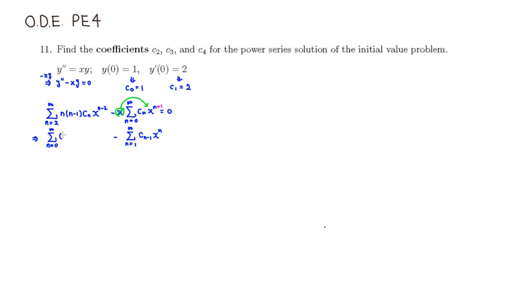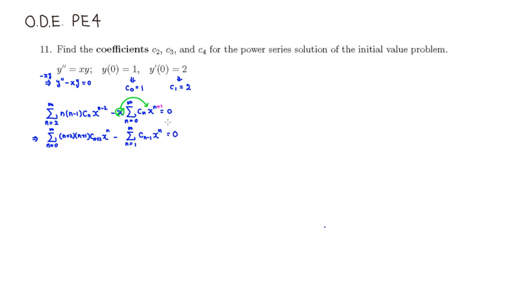So n becomes n plus 2, and n minus 1 becomes n plus 1. Then you have c sub n plus 2 times x to the n. So this is equal to 0.